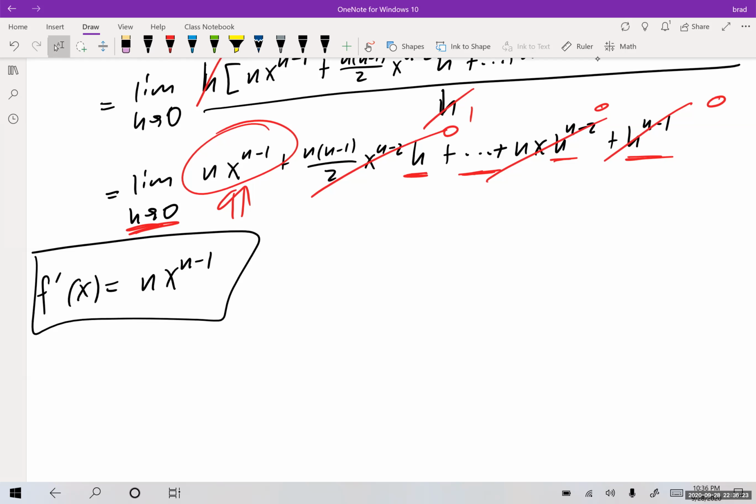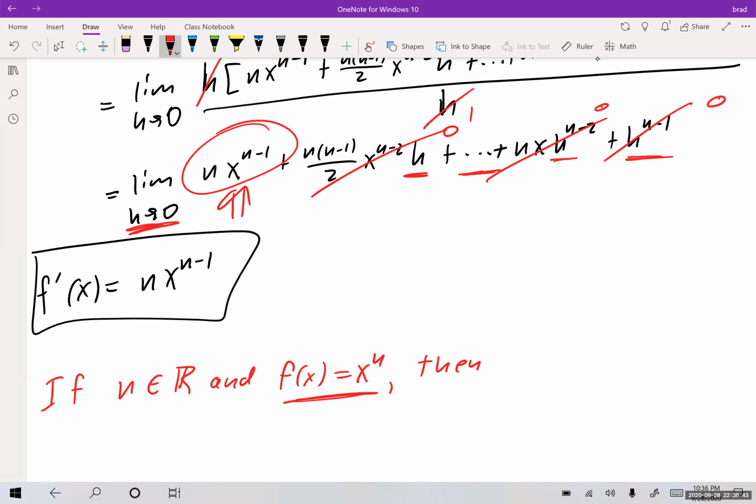So let me write it formally. If n is an element of the reals and f of x equals x to the n, and again, this is for the basic general power function, right?